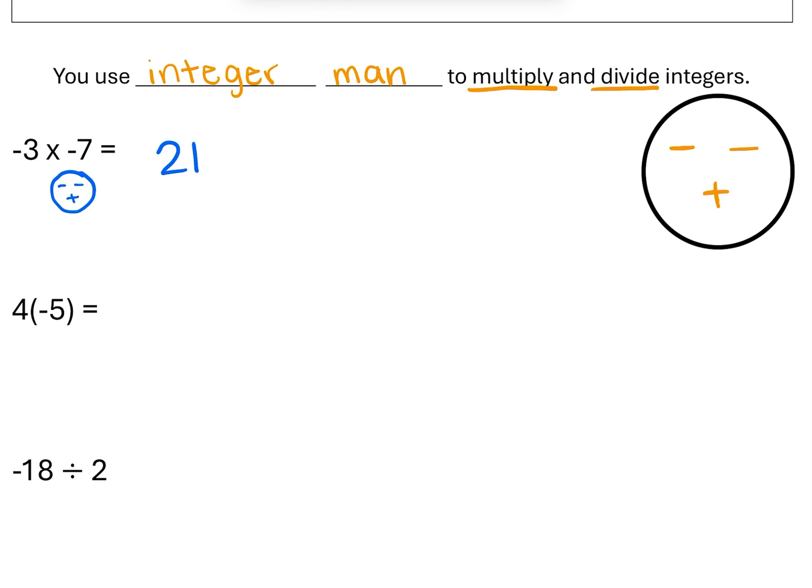Now we are going to look at the numbers. This has a negative, so I'm going to mark out a negative. My 7 has a negative, so I'm going to mark out a negative. Whatever is left goes on my answer. So my answer is positive 21, but we have discussed that positive sign is invisible, so my answer is just 21.